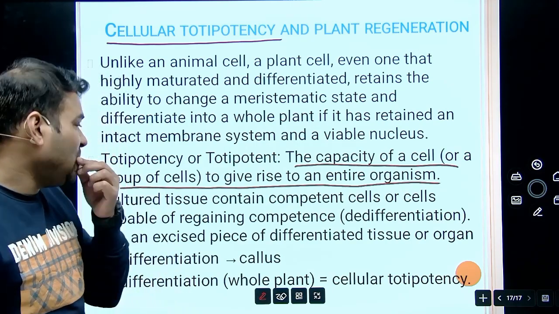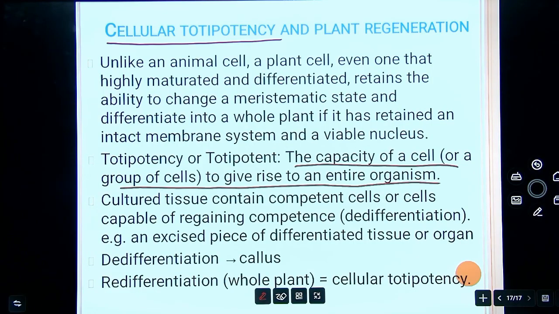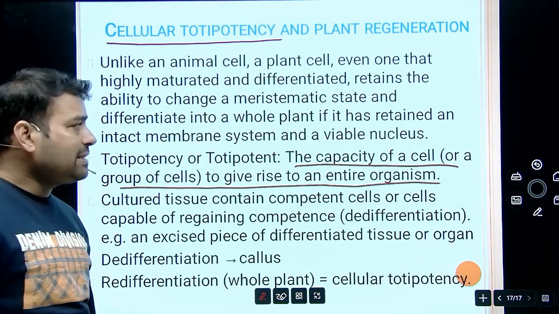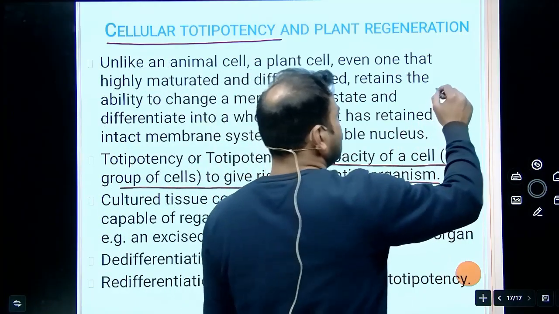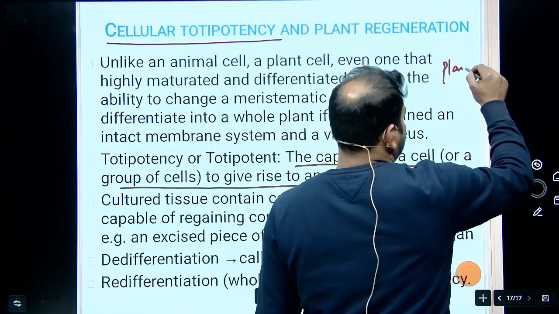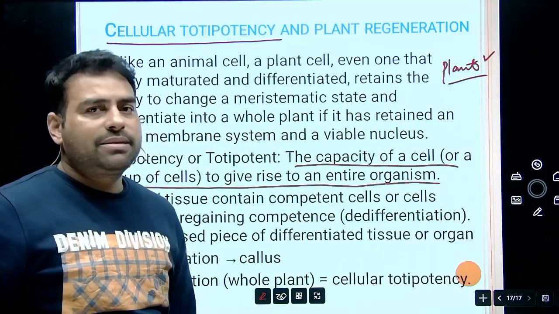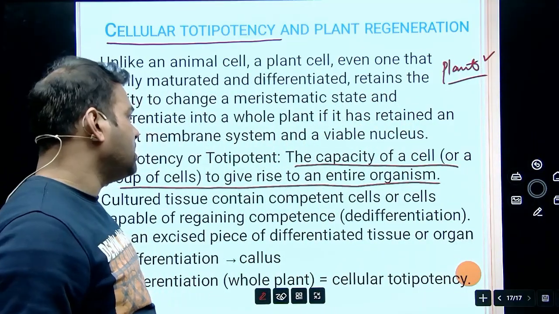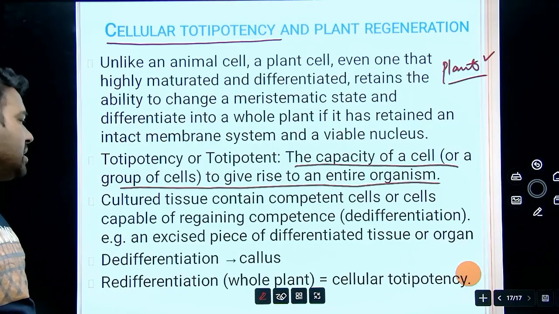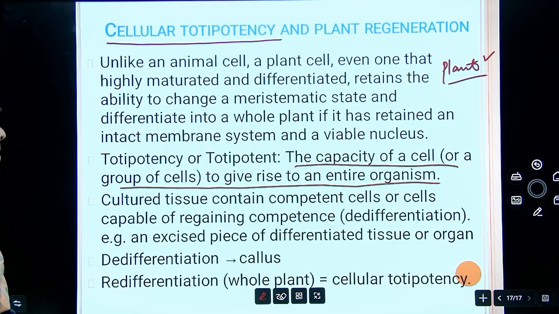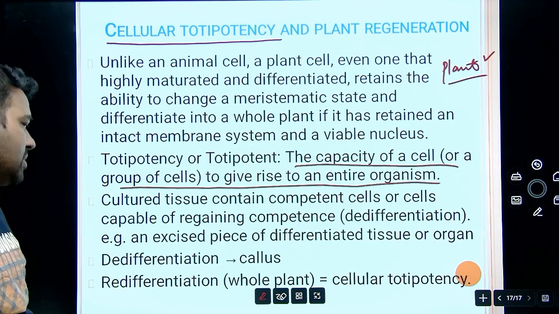This capacity is known as totipotency, and this is the property of only plants. Plants only exhibit this property. So cultured tissue contains competent cells capable of regaining competence.